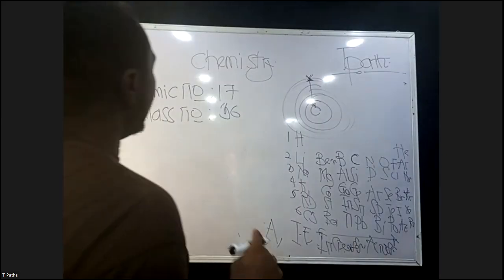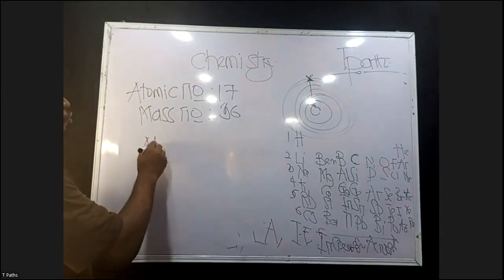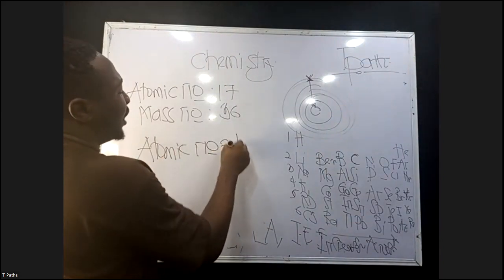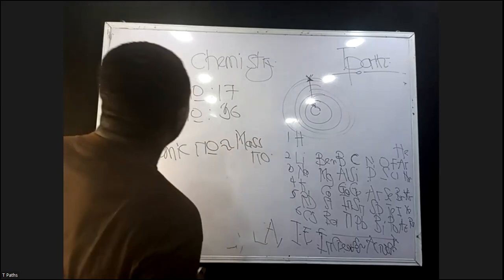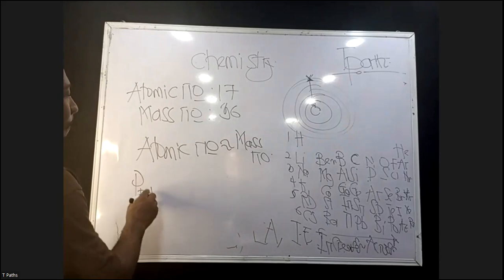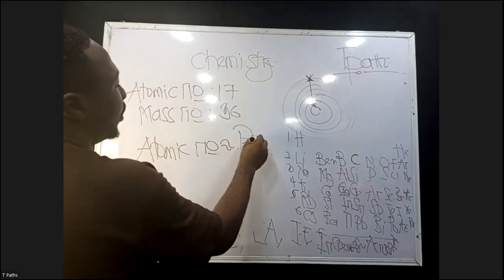Now, we need to know that for a neutral atom, atomic number is the same thing as proton number.